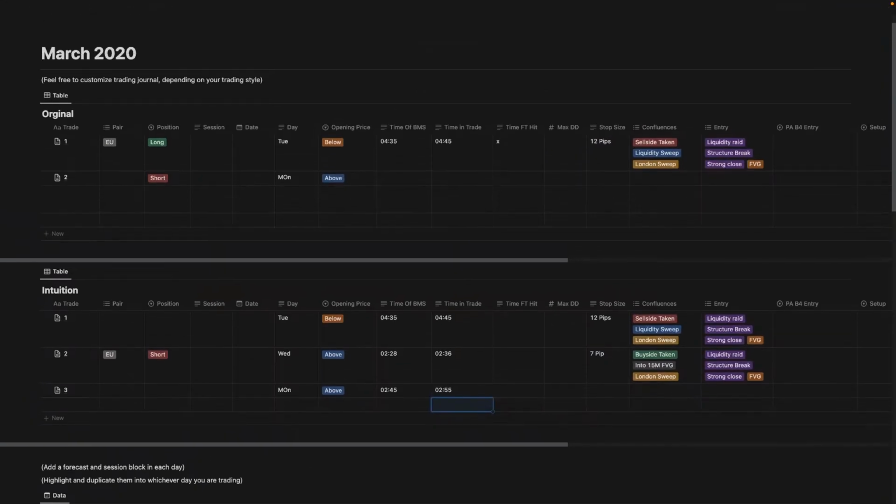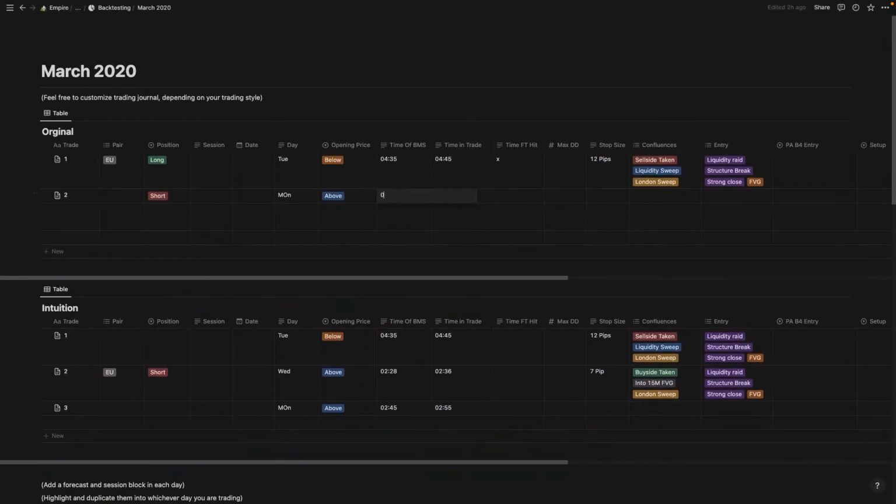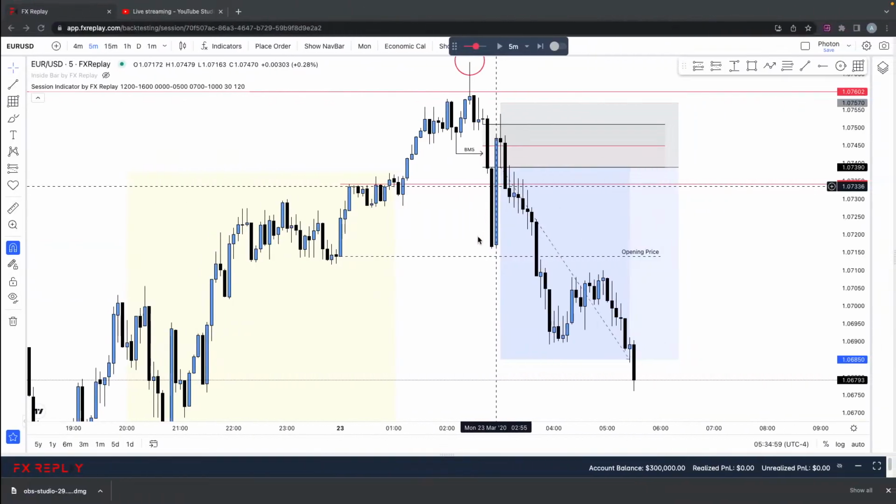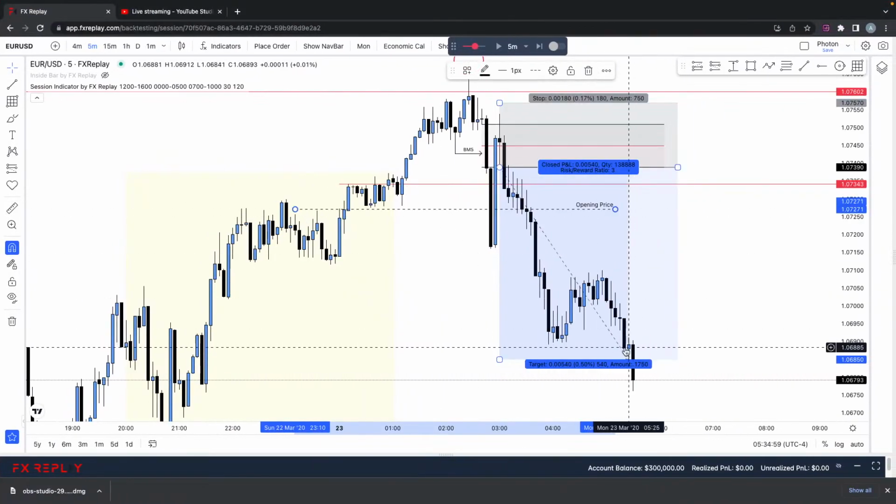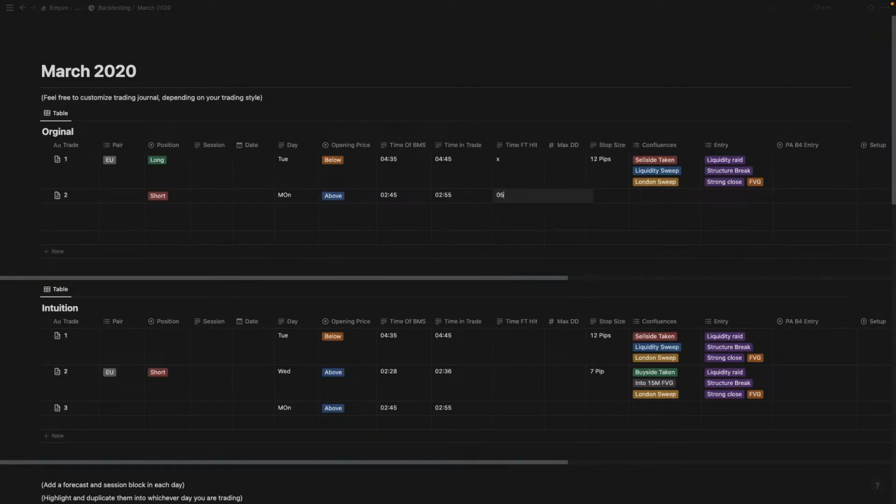To be fair, that candle, when I saw that, I was like, this is gonna go up. That was a very, very bullish candle, if I'll be honest. Full time was 5:30, let's just say. 18 pips.